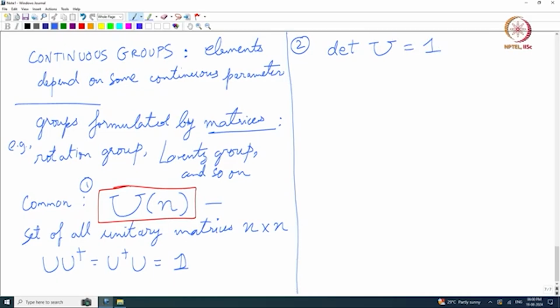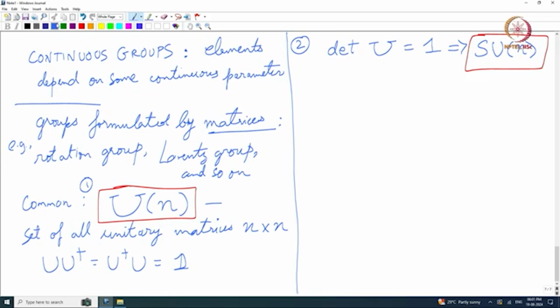Again we just saw an example of this. This group is just called an SUN group, special unitary matrices with determinant 1. It has certain special properties that the regular unitary group does not enjoy. Not just the determinant, there are physical consequences to having SUN as opposed to UN.